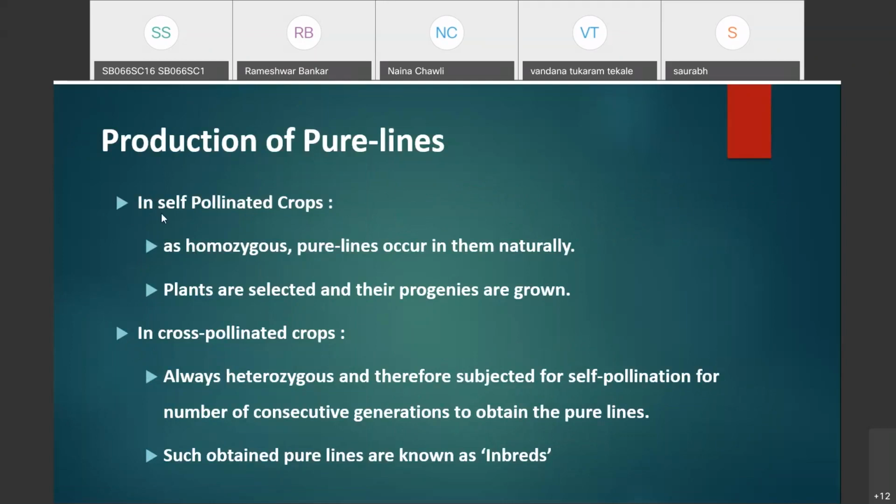First of all, how are the pure lines produced in self-pollinated crops? As you all know, self-pollinated crops are naturally homozygous, and that's why they are genetically uniform. Therefore pure lines occur in self-pollinated crops naturally.